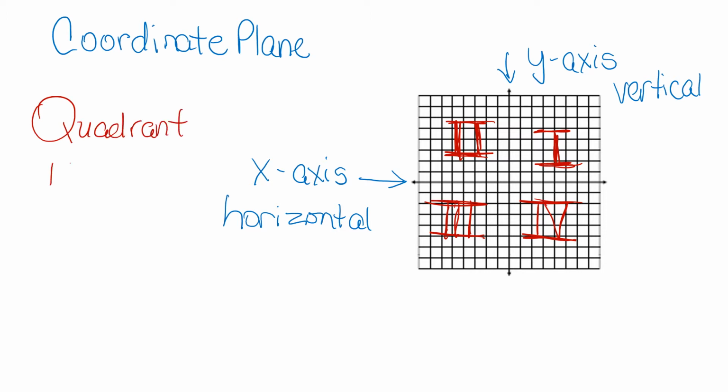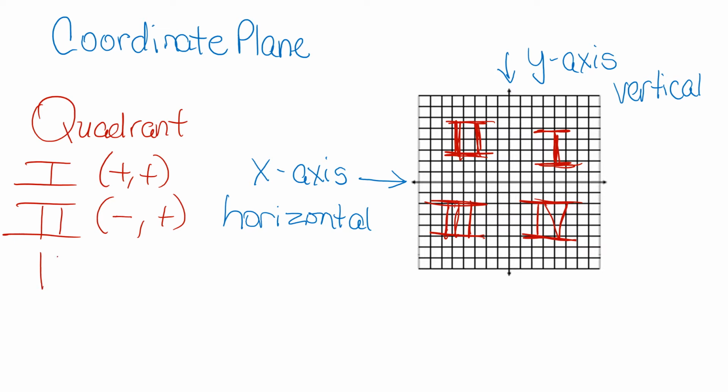In quadrant 1, your ordered pair is going to be a positive and a positive. Both the numbers will be positive. In quadrant 2, it's going to be a negative and then a positive ordered pair. Your x would be negative and your y number would be positive. In quadrant 3, you're going to have a negative x value and a negative y value.